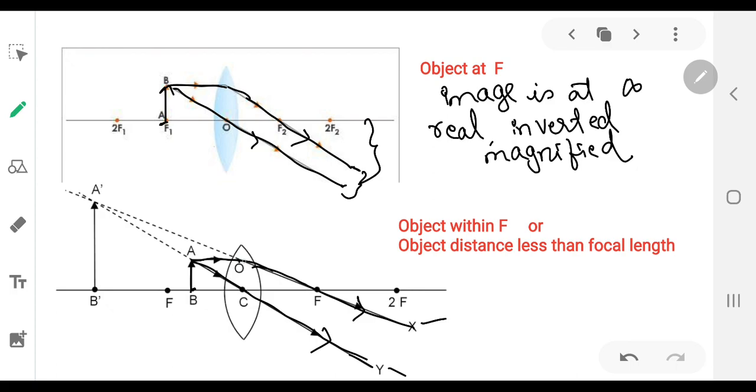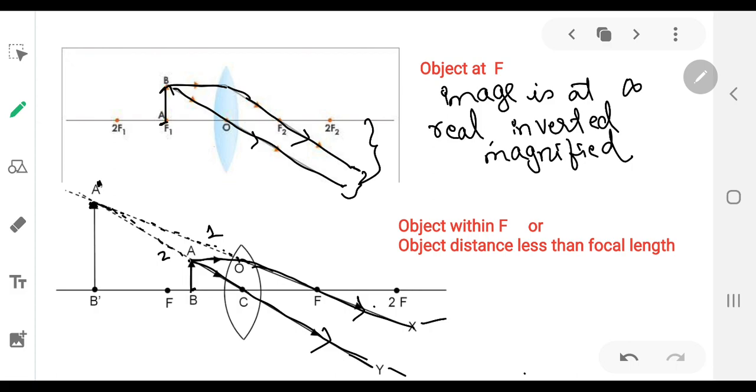Now when you extrapolate the direction of the refracted rays, they appear as if they are diverging from this point A dash. So A dash is the image of the point A.